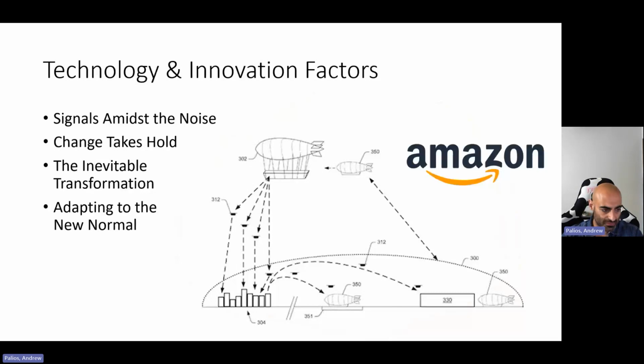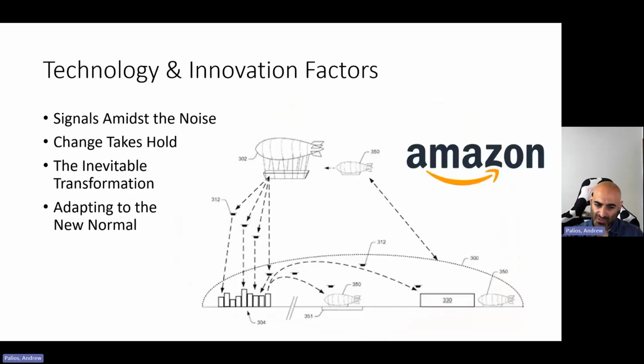The iPhone. The iPhone was an innovation that was kind of spoken about in the beginning. So this is my first bullet here, signals amidst the noise. So there's kind of a sign that something was happening, and it was going to sort of take over the market and be a disruptor, if you will. And then that's kind of when the iPhone first started coming into fruition.